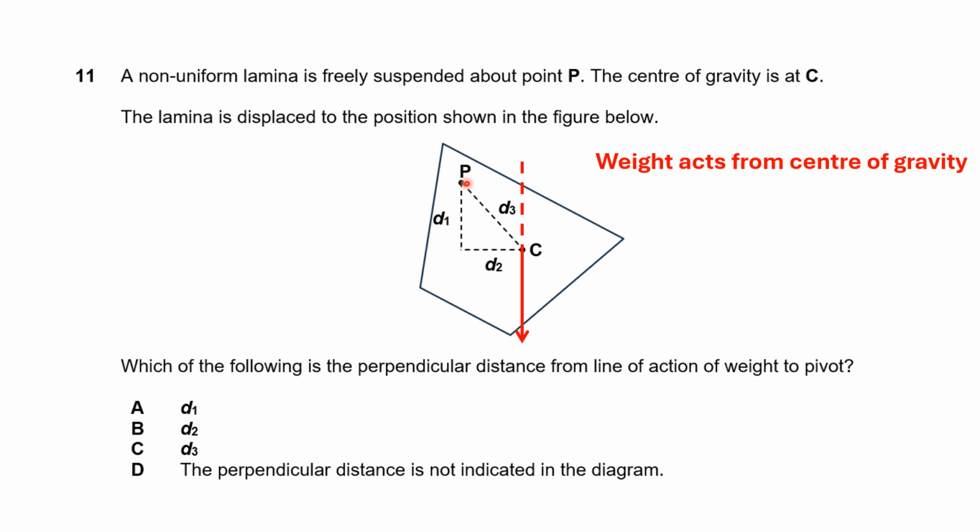My pivot is here at P, the line of action is here, so the perpendicular distance must be this distance here, perpendicular to the line of action. Looking at this distance, it clearly matches up with D2, so option B is the answer.